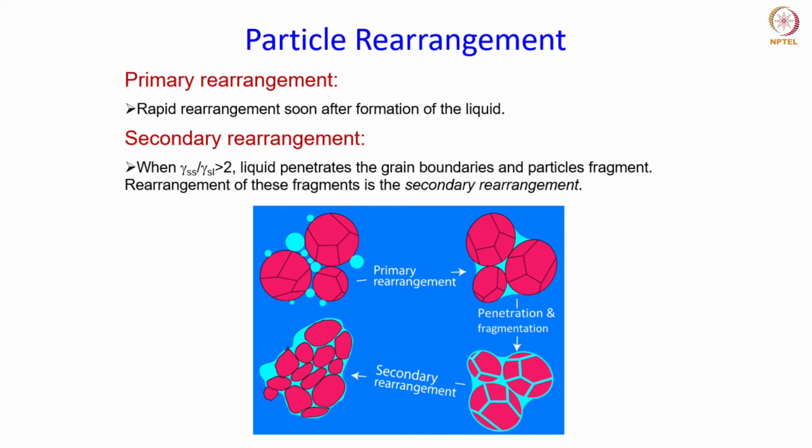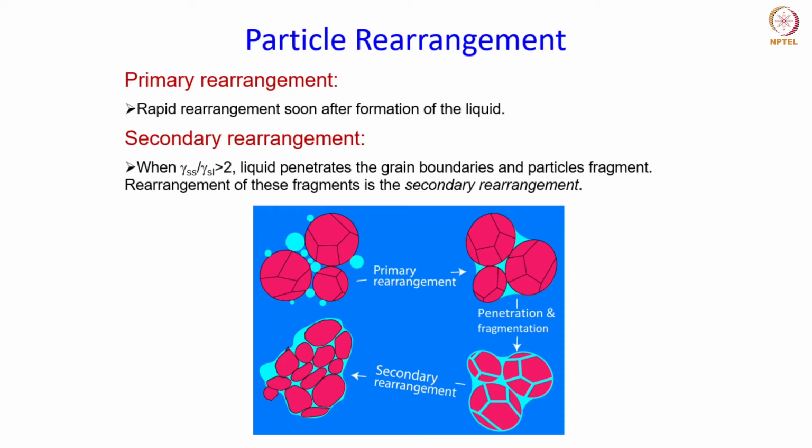So here, when the solid-solid surface energy becomes more than the solid-liquid surface energy, the liquid penetrates the grain boundaries as we have discussed before, and as the liquid penetrates, the particles fragment into smaller pieces, as you could see from this particular figure. And the secondary rearrangement is all about the rearrangement of these fragmented particles.